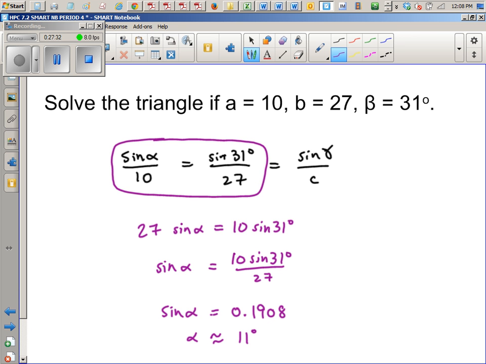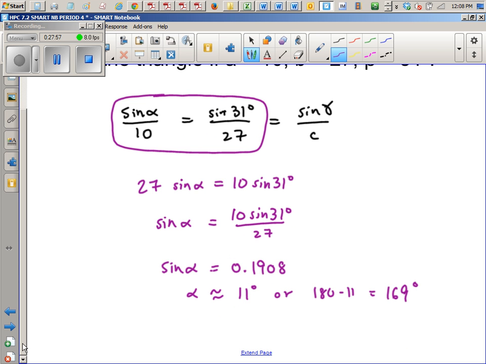right? The supplement of 11 should also have the same sine value. Remember we said that sine of 180 minus theta is also the same as sine of theta? So you would put 180 minus 11. In other words, 169 is another possible answer for alpha if it fits in the triangle. Now, in our triangle, we had originally that beta was 31 degrees.